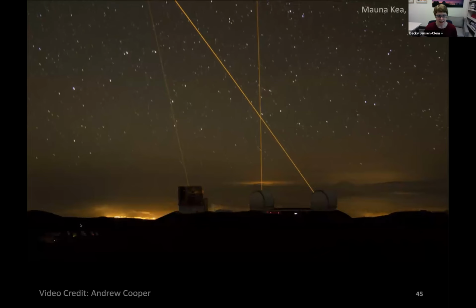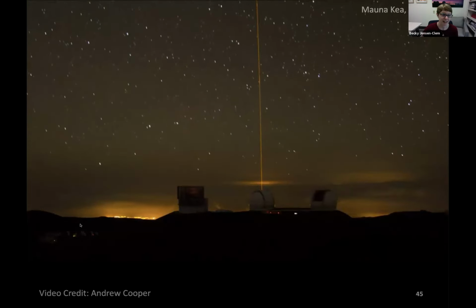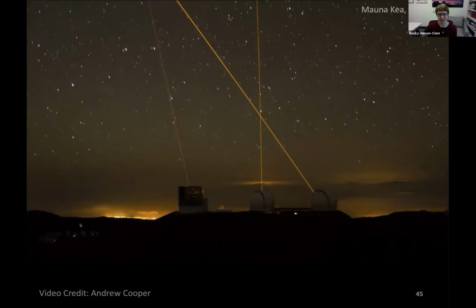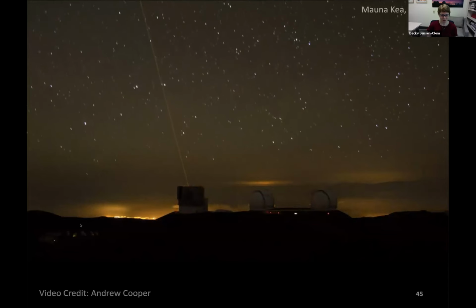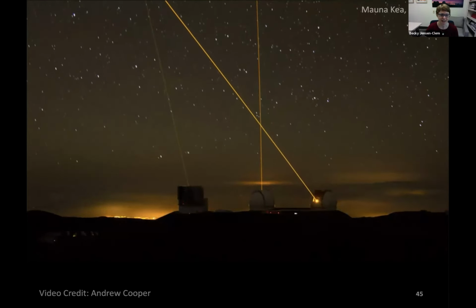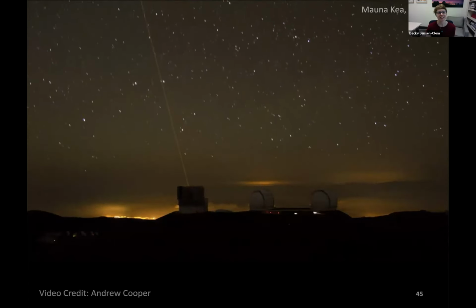Okay. Now, one more topic that I wanted to touch on is laser guide star AO. So this is a great video showing, I think there are actually 4 total lasers, but here there are 3 lasers being used on Mauna Kea at the Subaru telescope and then the 2 Keck telescopes over the course of the night.